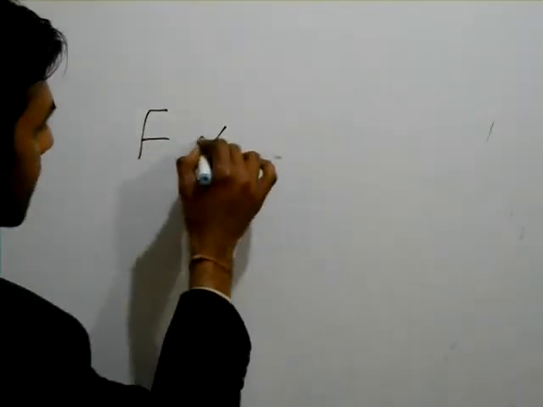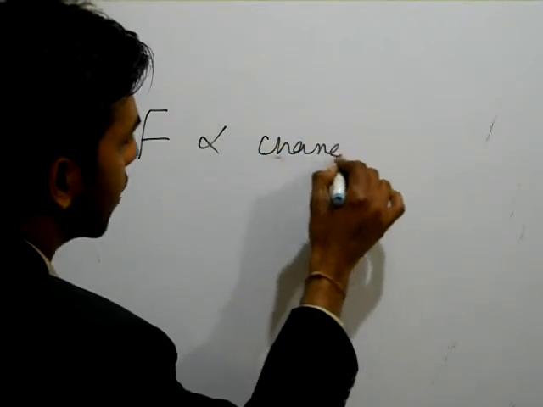Now further, force and acceleration we all know, but there is one more factor on which force depends, that is the change in momentum. Force also depends upon change in momentum per unit time.